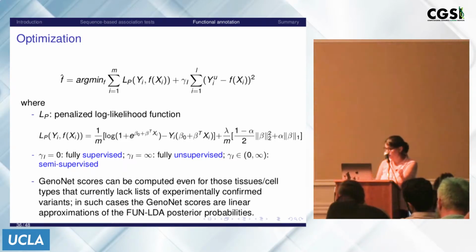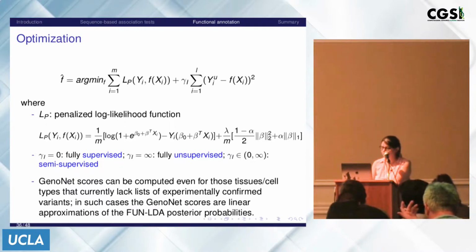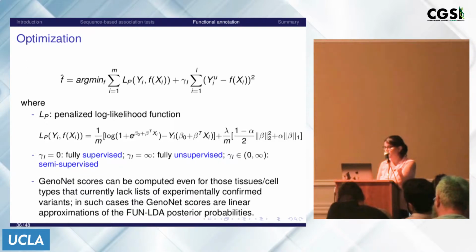The objective function has two components. One is for the labeled part, and this is a penalized log likelihood with an L1 and L2 penalty, like in elastic net. And then we have a second component, which is for the unsupervised part. This is the sum of squared differences between the predictions from, say, FUN-LDA and the values predicted by the prediction function f.